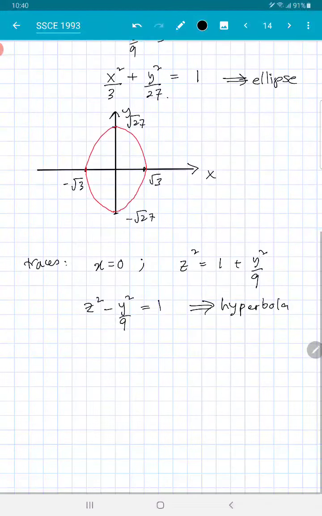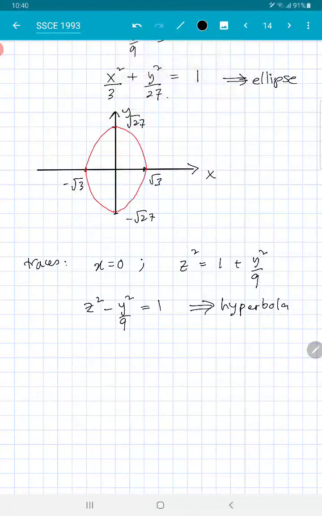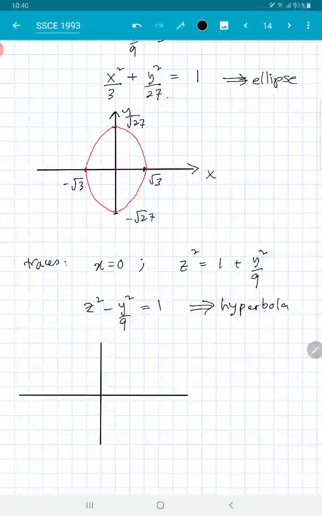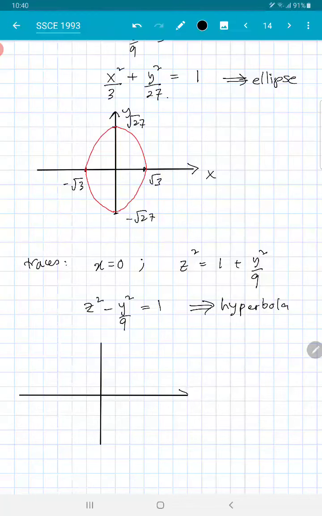Okay, all right, now let's sketch our hyperbola. We need y and z axis. Right, here we go. This is y axis and this is z axis. Alright, so from the equation, you can see that the coefficient for z squared is positive.